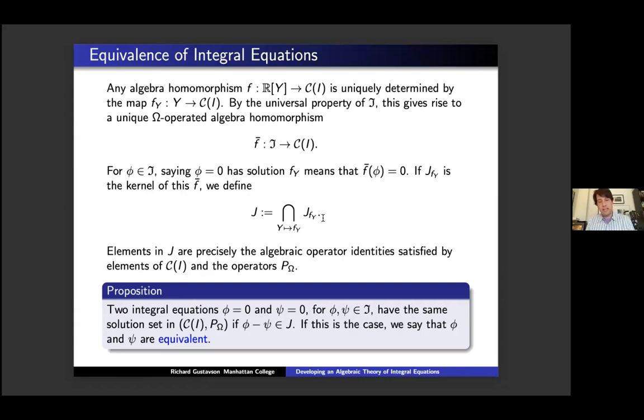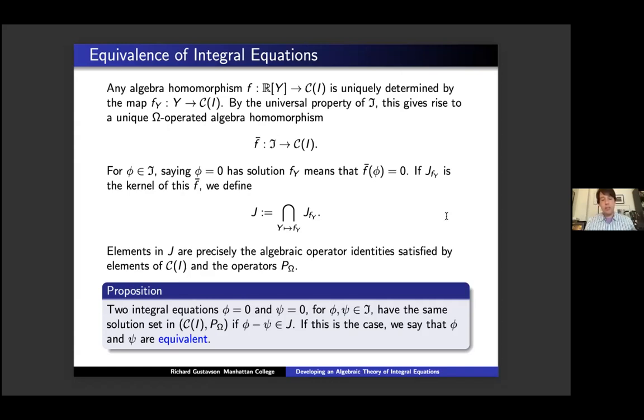And we'll see an example of what that looks like. Now if we let J sub F of Y be the kernel of F bar, and take the intersection of all of these kernels, then the elements in J are precisely the algebraic operator identities that are satisfied by any element of C of I. So these are the identities that will be true no matter what functions Y we input.